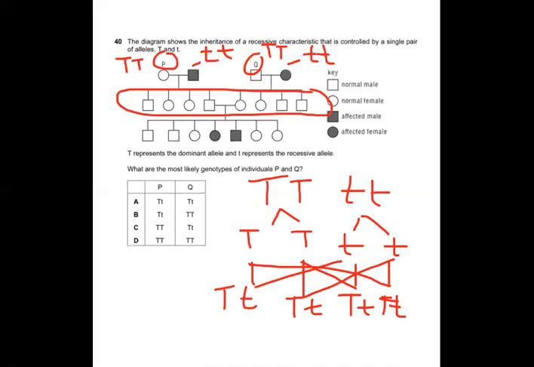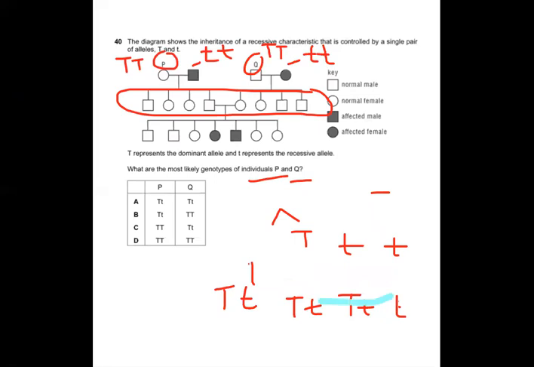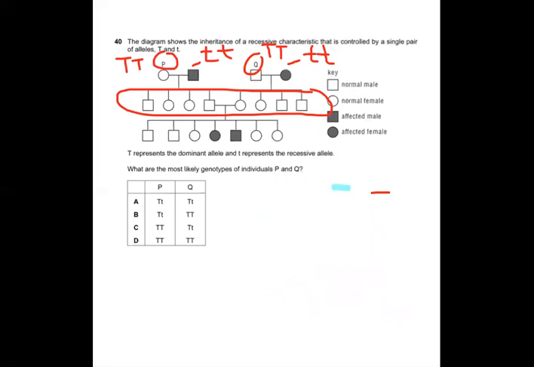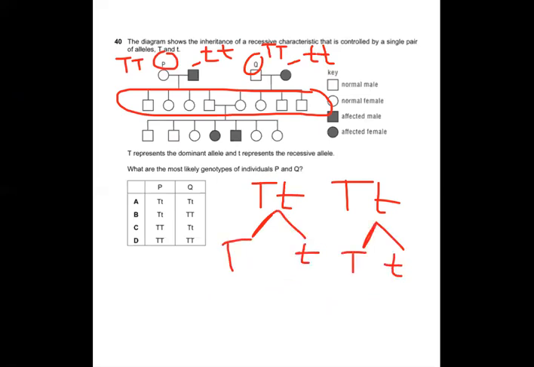However, when two of these heterozygous offspring mate with each other, the gametes that are formed are these.